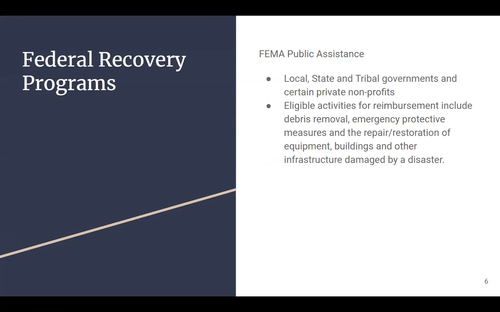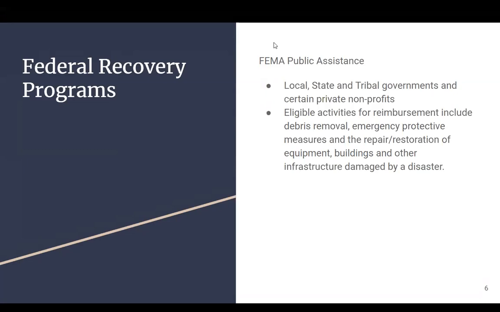It provides assistance to local, state, and tribal governments and certain private nonprofits to remove debris, provide emergency protective measures, and restore equipment, buildings, and other infrastructure damaged by a disaster. The program is activated by a federal disaster declaration and must be supported with local assessment and state verification.